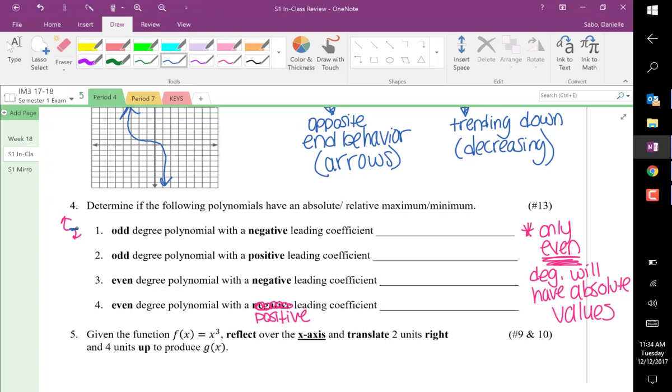So for all odd degrees, you can have a relative max or min. You just cannot have an absolute. I'm just writing that down so that you know that no matter what, odd degrees cannot have absolute values.